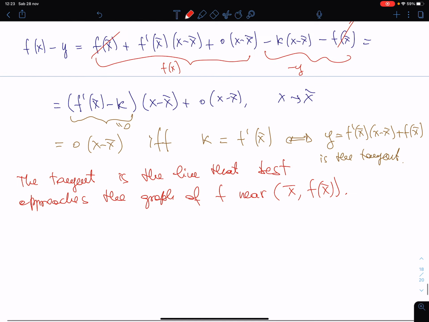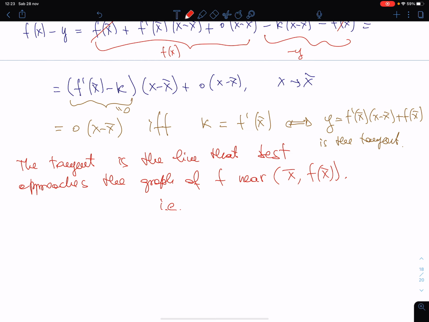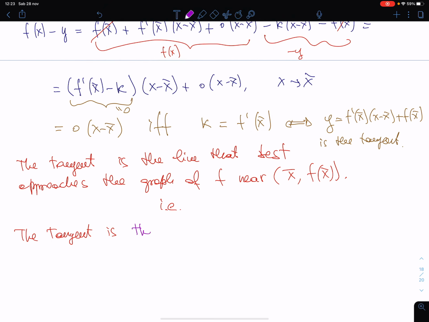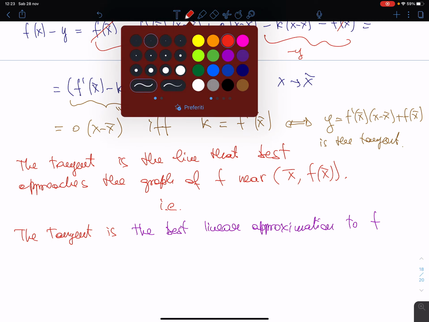Or, equivalently, the tangent is the best linear approximation to f in a neighborhood of x bar.